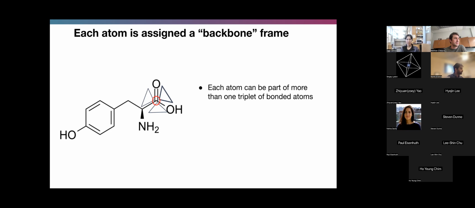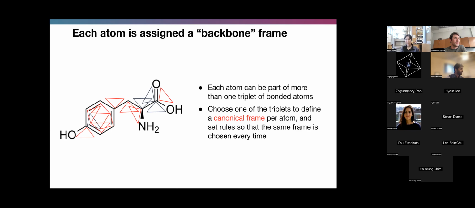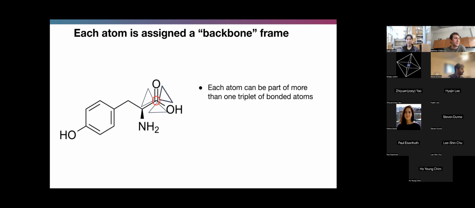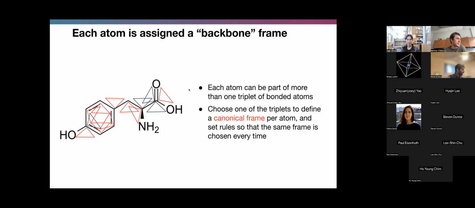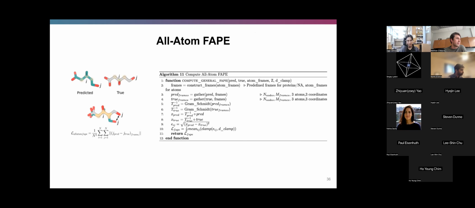So what we decided to do was create a deterministic, or as deterministic as possible, algorithm that chooses a local frame for each atom depending on the bond geometry. You can imagine, in this case, we choose this frame, and we just generate a set of rules so that every atom gets a chosen canonical frame.